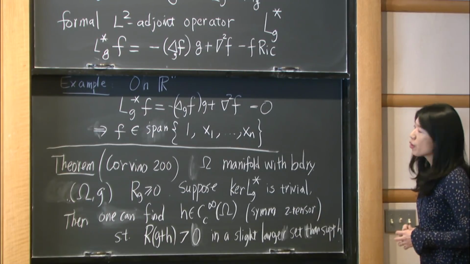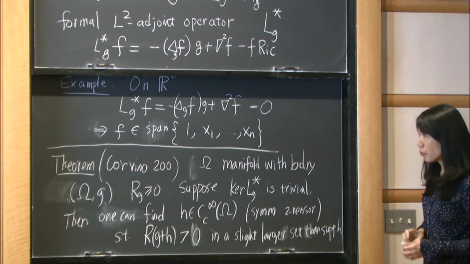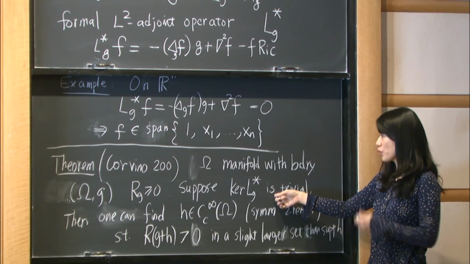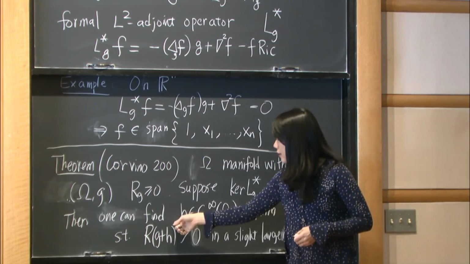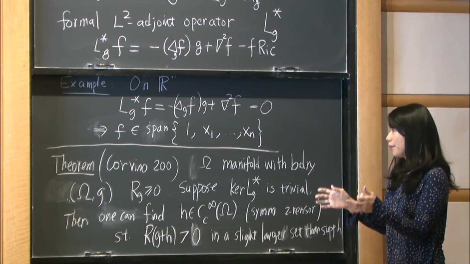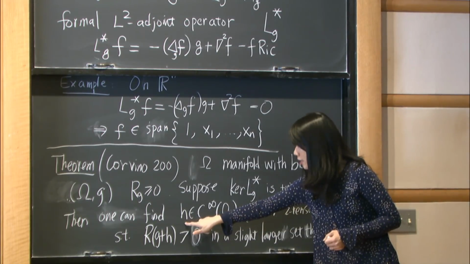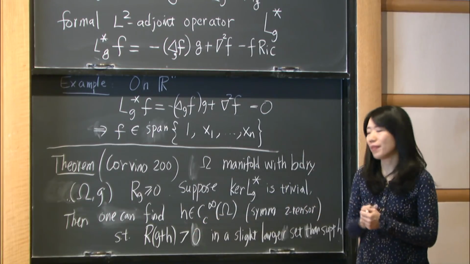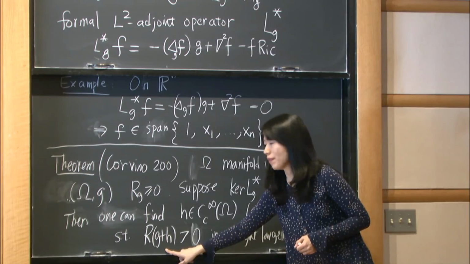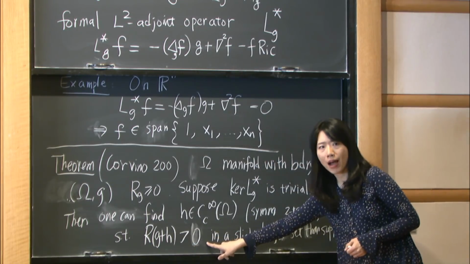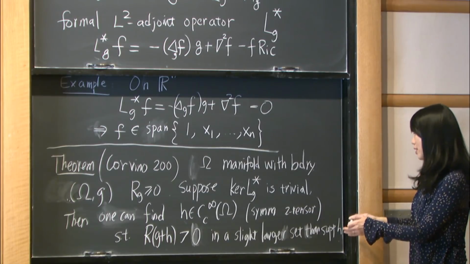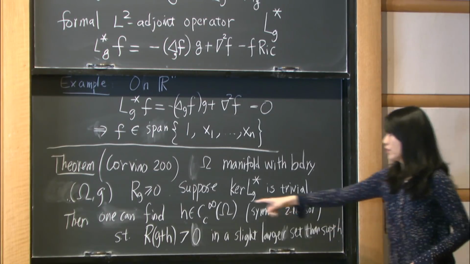So he proved a more general statement, but the one relevant to the mass rigidity is under the no kernel assumption. Then you can find a compactly supported symmetric tensor, which is a deformation of the metric, such that if you compute the scalar curvature of this deformed metric, it can be made strictly positive. Just a technicality here: you can make it strictly positive in a ball larger than the support of h.